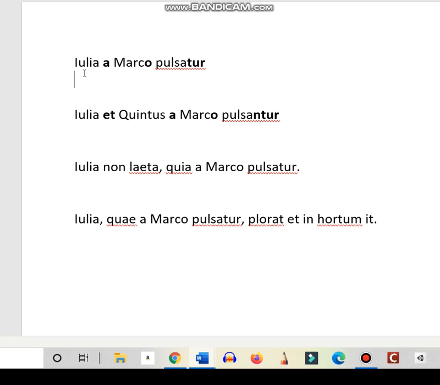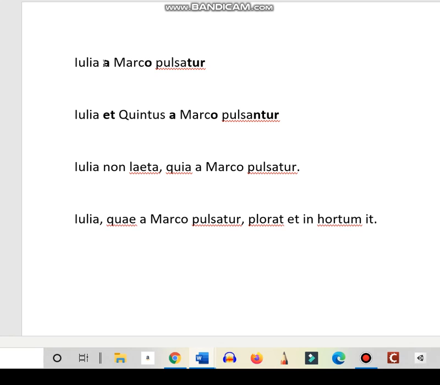Well, you'll remember back in chapter 3 that one of the first sentences that taught you how verbs work, how the accusative works, and things like that was Marcus Iuliam pulsat. If you flip that around into a passive voice sentence, it becomes Iulia a Marco pulsatur.